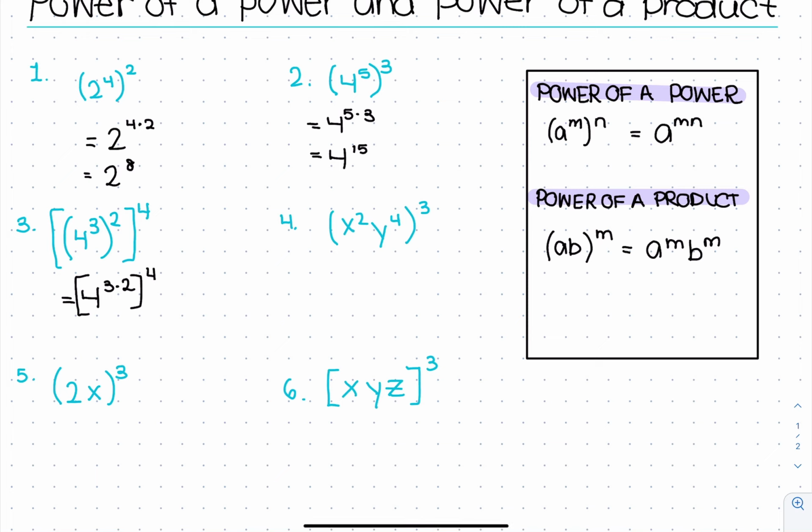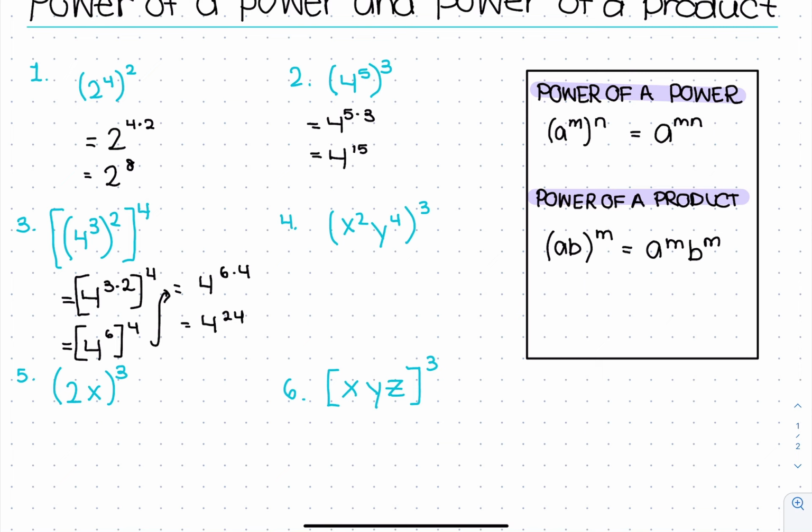So we can start by doing 4, and the power is 6, 3 times 2, and then that's to the power of 4. So that tells us we then have to do 4 to the power of 6 times 4, which will give us 4 to the power of 24. And that will be our final outcome. You could have also just gone 3 times 2 times 4, and that would have gotten you that 24.